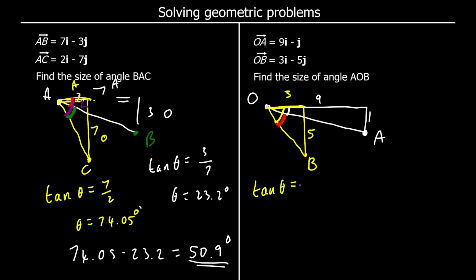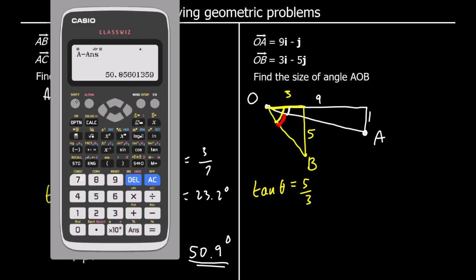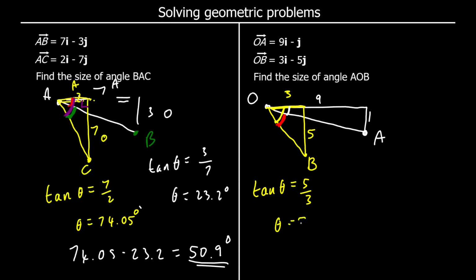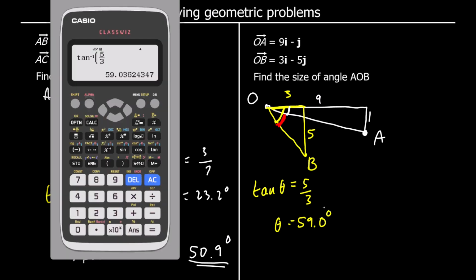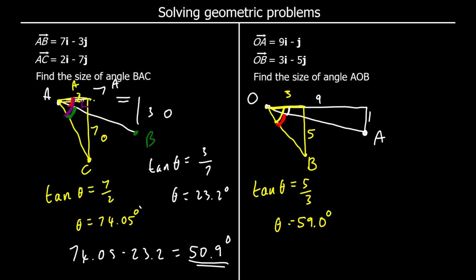So for the yellow one, tan theta is TOA, opposite over adjacent. So tan theta is 5/3. Shift tan 5/3, 59.0. Store it as A. For the white angle, we've got opposite and adjacent. So tan theta is 1/9.